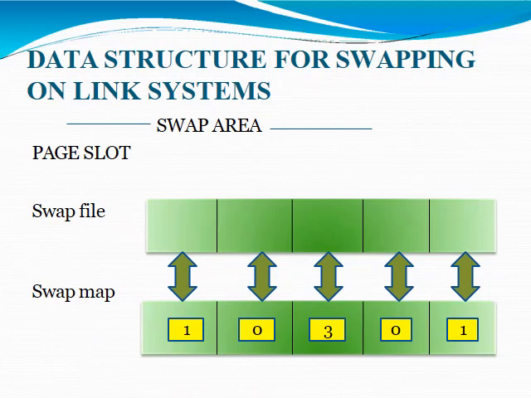Associated with each swap area is a swap map, an array of integer counters, each corresponding to a page slot in the swap area. If the value of the counter is 0, the corresponding page slot is available. If the value is greater than 0, it indicates that the page slot is occupied by a swapped page.